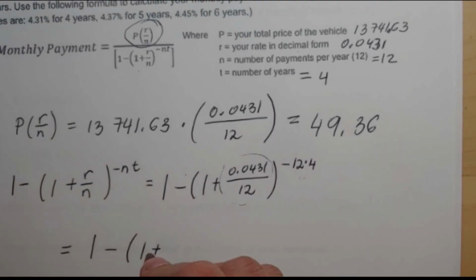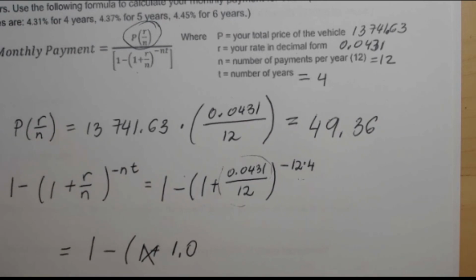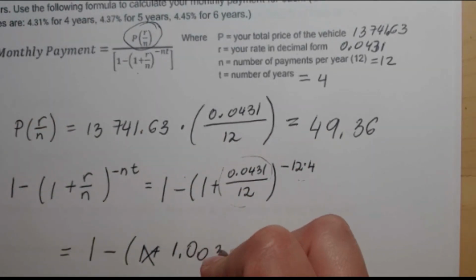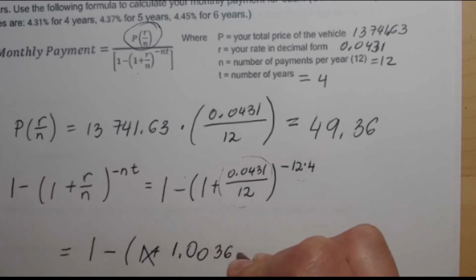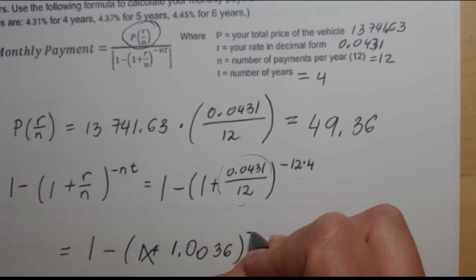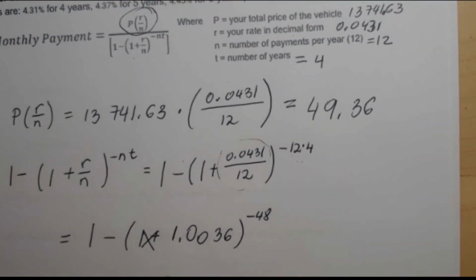Okay, so I can just put 1.0036. Okay, let's round a little bit. Now I need to take it to the power of negative 12 times 4 is 48. 48 months, really, that's what it means.